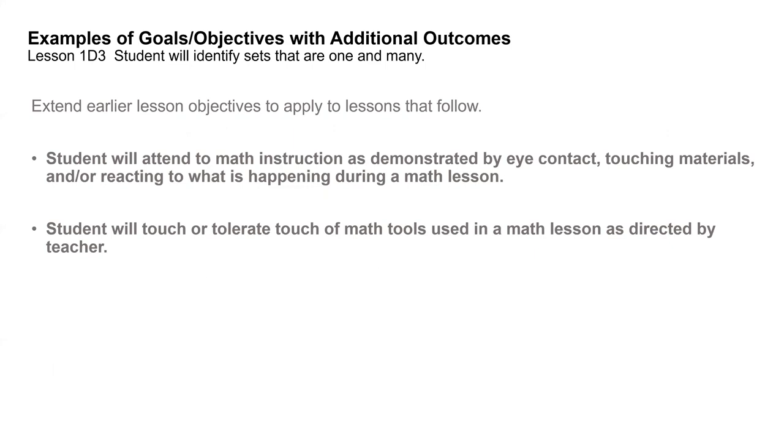This set of objectives is written using earlier lesson objectives applied to future lessons. Student will attend to math instruction as demonstrated by eye contact, touching materials, and/or reacting to what is happening during a math lesson. Student will touch or tolerate touch of math tools used in a math lesson as directed by teacher.